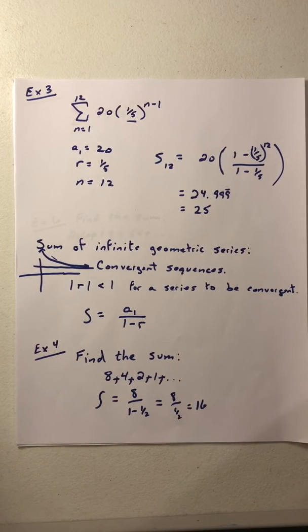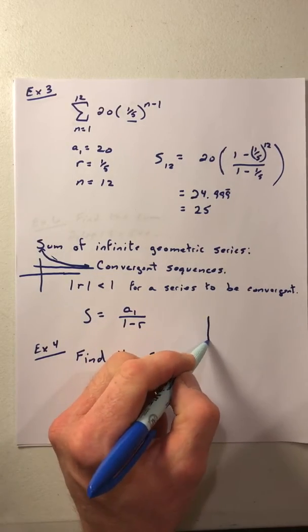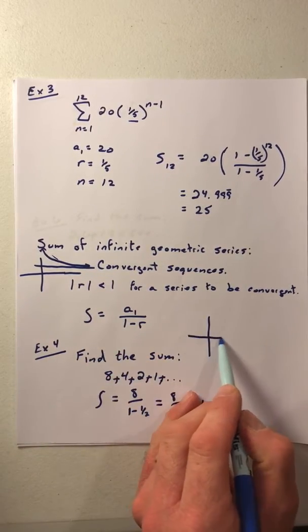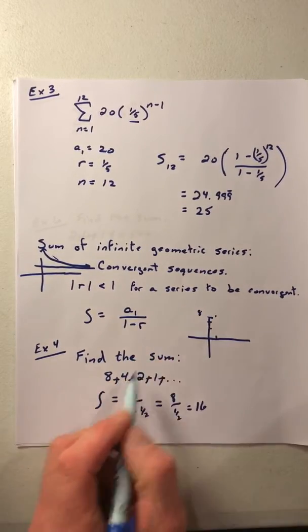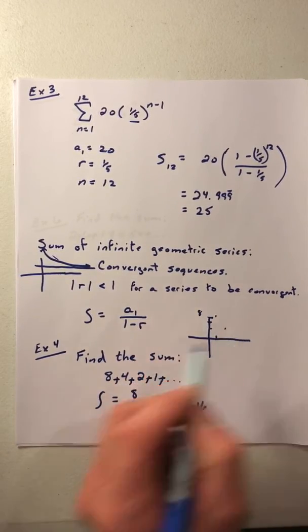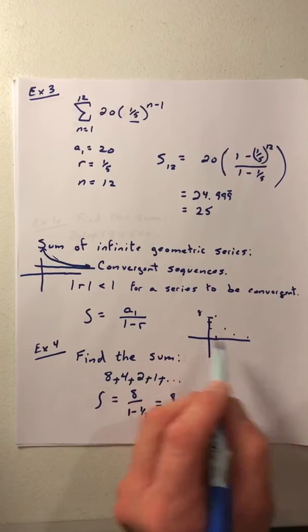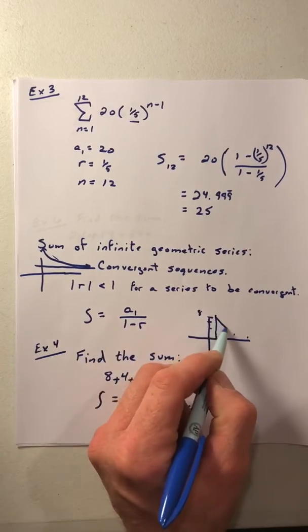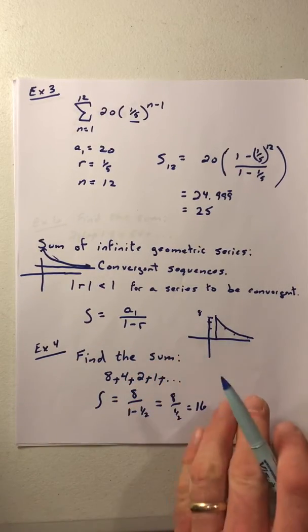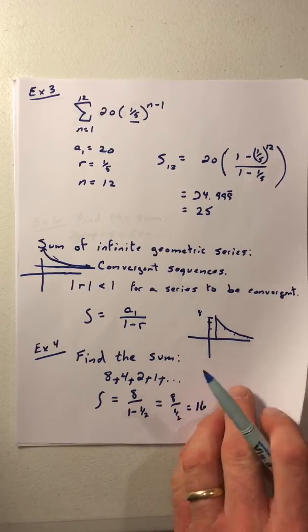And that's going to be the infinite sum of that. So if we take the values of 8 and we add them to 4, and then we add to 2 and add to 1, as this gets larger and larger and larger, the summation of all of those values is going to be 16.